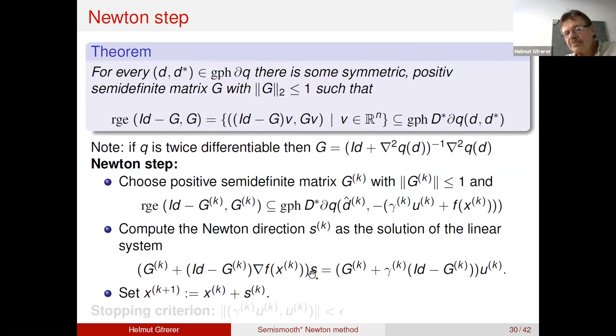Solve the system with respect to s and set the new iterate xk plus 1 to xk plus sk. As a stopping criterion, we will use that our residual, that is the outcome of the forward-backward step, is less than some given tolerance epsilon.